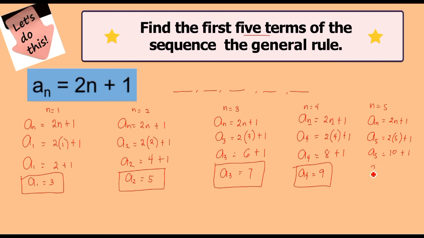And 10 plus 1, a sub 5 equals 11. So, kung ilalagay na po natin yung sequence, mauuna yung unang term natin which is 3. Sumunod po ay 5, yung 7, 9, and then 11. So, that is our sequence given the general rule which is a sub n equals 2n plus 1.